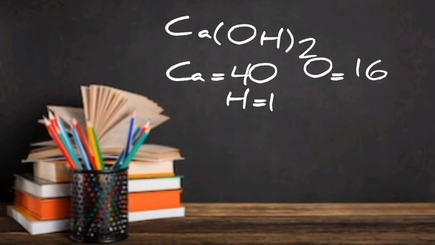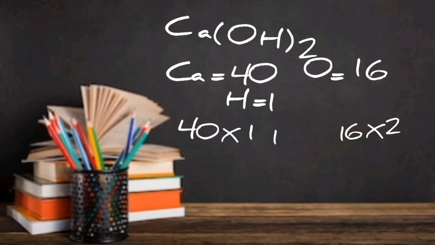Since there is just one atom of calcium, we are going to say 40 times 1. And the 2 outside the bracket multiplies everything inside the bracket. So we have 2 atoms of oxygen and 2 atoms of hydrogen. So we are going to say 16 times 2 and 1 times 2.